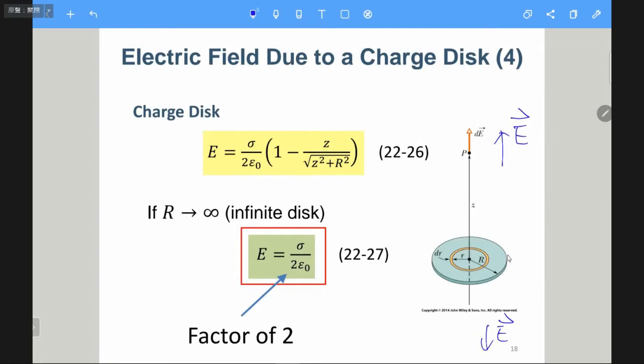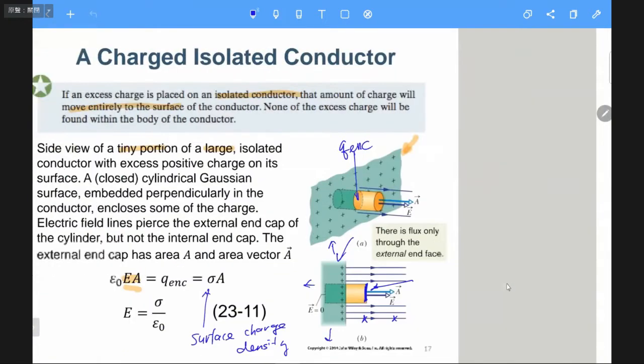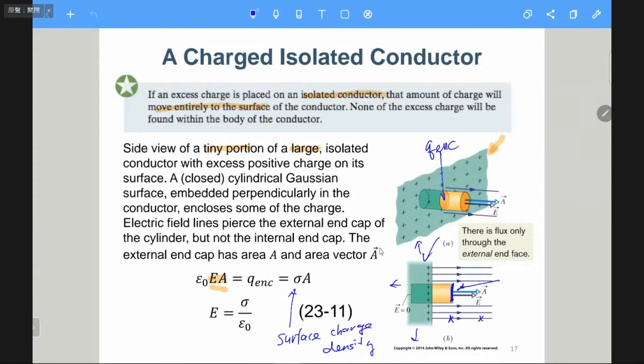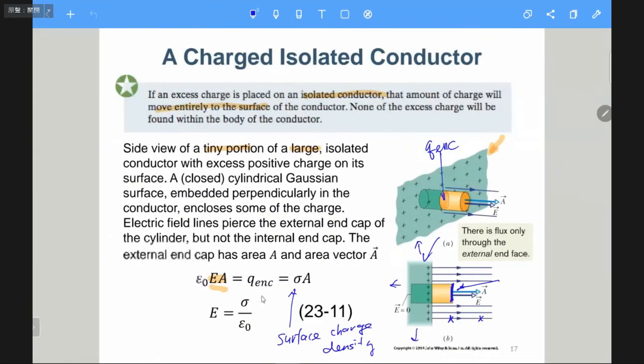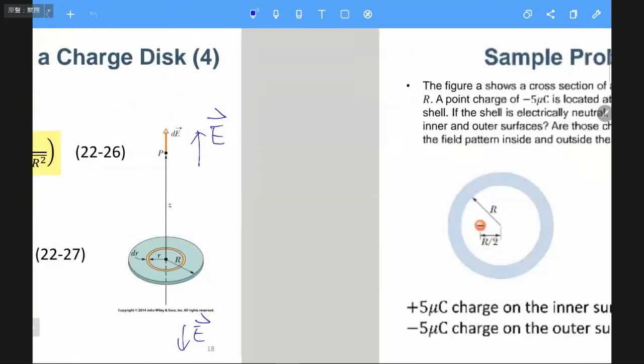So it's just like it separated the E field into 2 directions. But for this part, we assume that E equals 0 for this whole area. It only contributes E field on the right hand side. So we have a factor of 2 here. If we just add them together, then that will be this one.